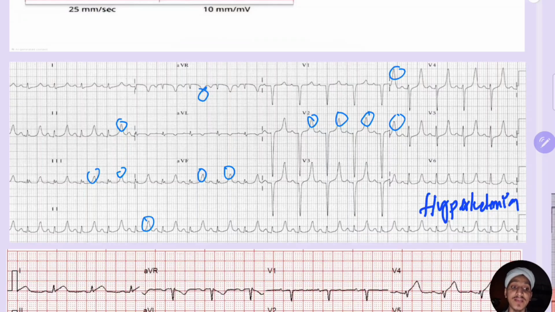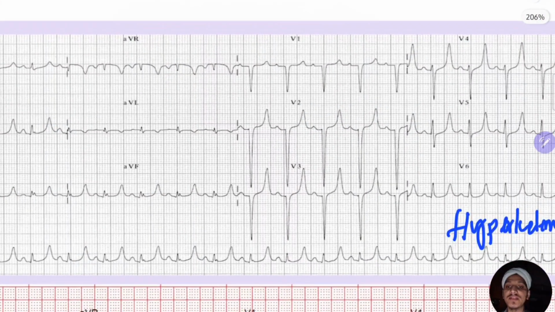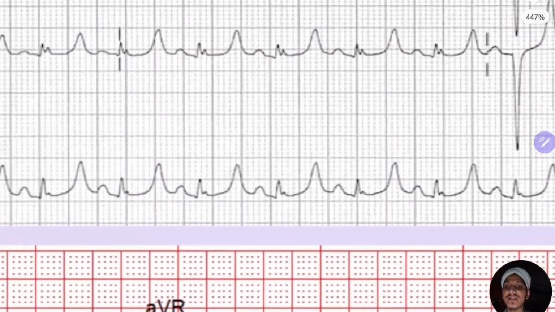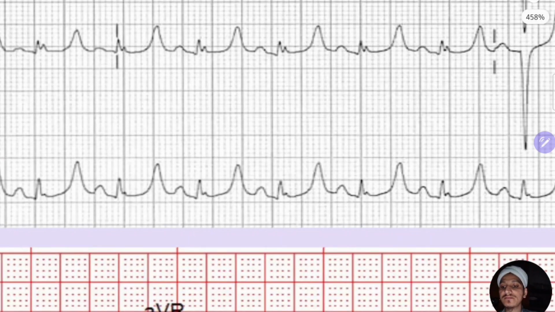That means it is hyperkalemic, because in infarction it will be in a pattern, like inferior, anterolateral, lateral, posterior. But in case of hyperkalemia, it will be diffuse hyperkalemic T waves. Now we will see the amplitude in the limb leads. We will take limb lead 2.